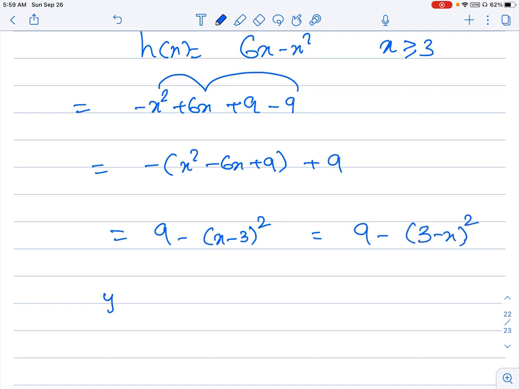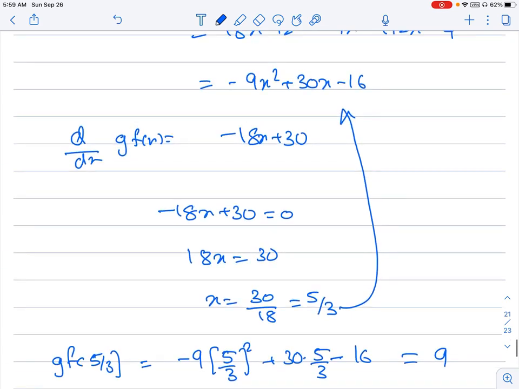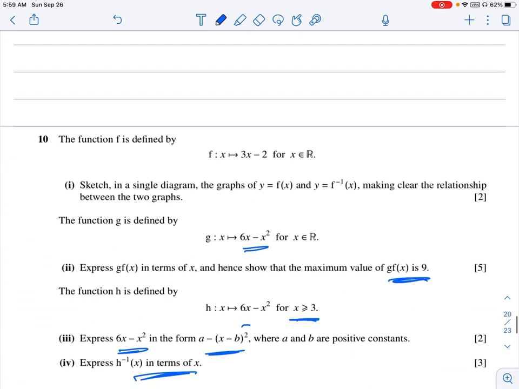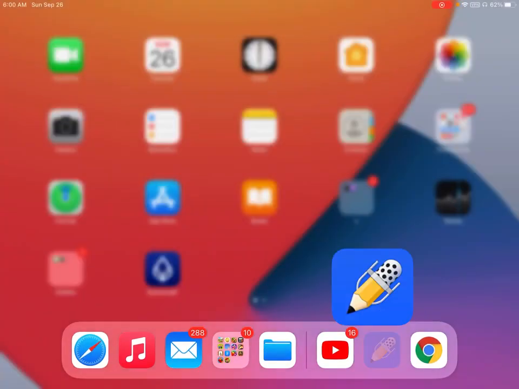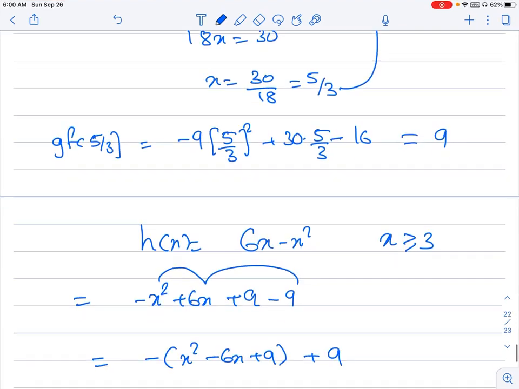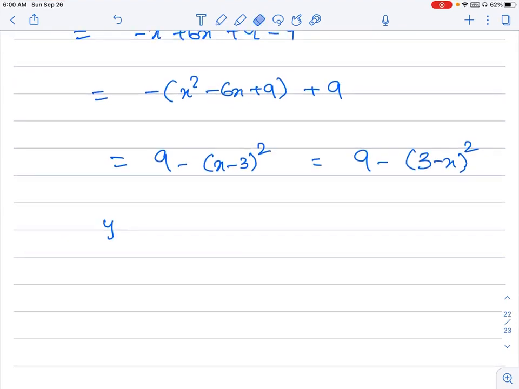Because of that rule, x is greater than or equal to 3. It is being asked in the form of x minus b whole squared, so I write it as x minus 3 whole squared.